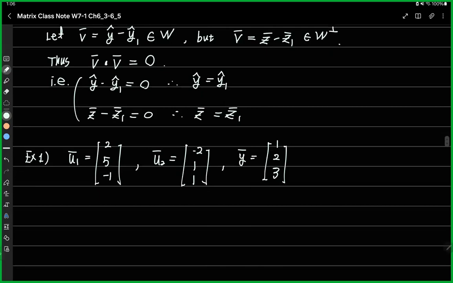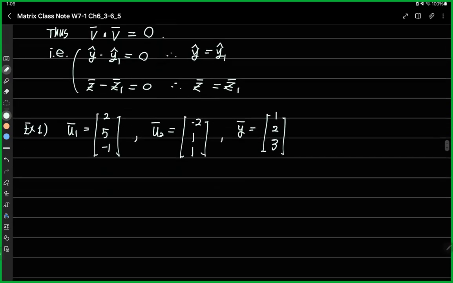So I want to decompose Y as a vector in W and then W complement, right? So what are you going to do? We need to find Y hat, which is the orthogonal projection of Y, and then we need to find Z, right?